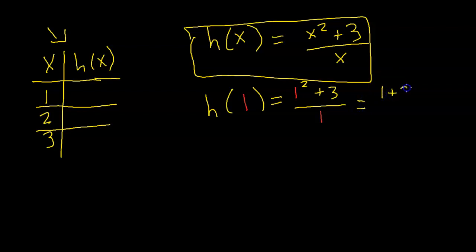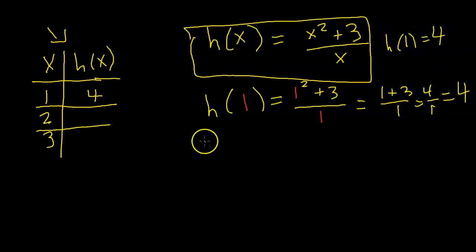So the numerator is 1 plus 3, that's just 4. Whoops, my bad, that's not divided by 4, that's divided by 1. So this value is just 4 over 1, which just equals 4, right? So to summarize that, h of 1 equals 4.